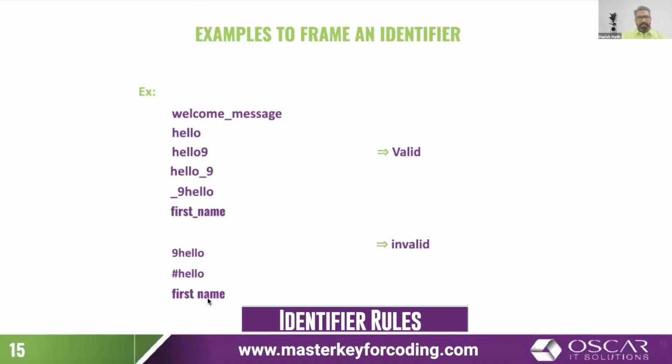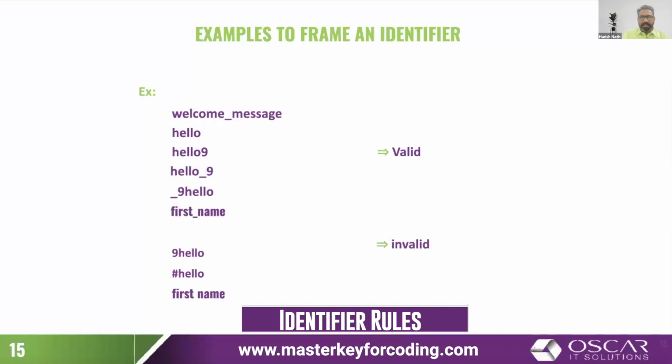In first space name, the space is also a character and it's not allowed. We can't separate words with it. If there are two words and we want to connect them, then we use underscore to connect them. That's mostly why we use underscore. But spaces are not allowed in names. These are just some common examples of valid and invalid identifiers to give you an idea how to frame words.